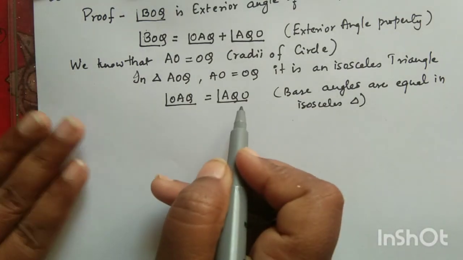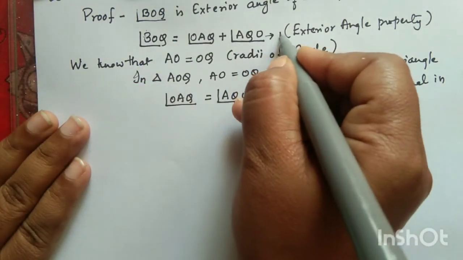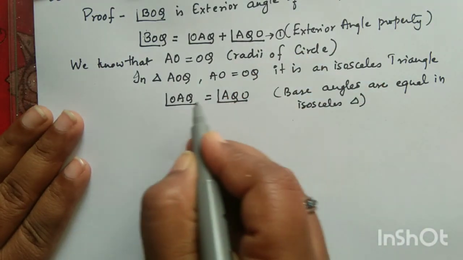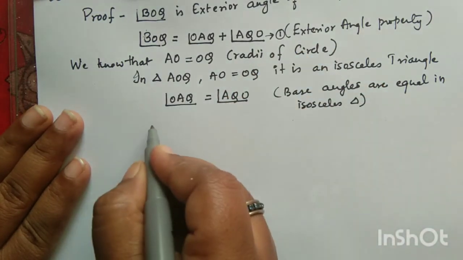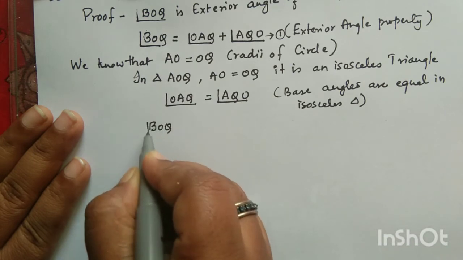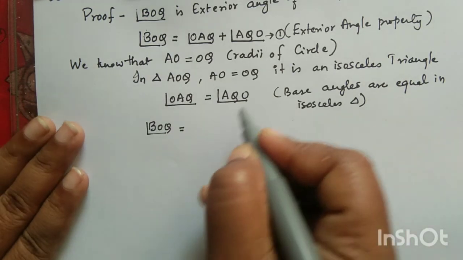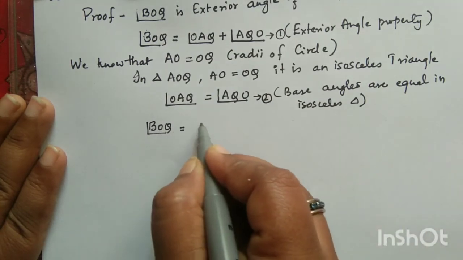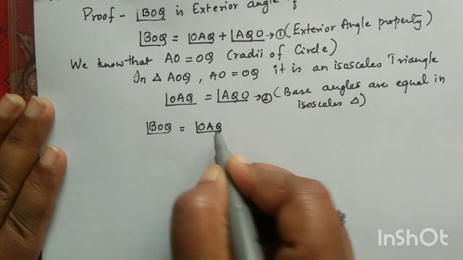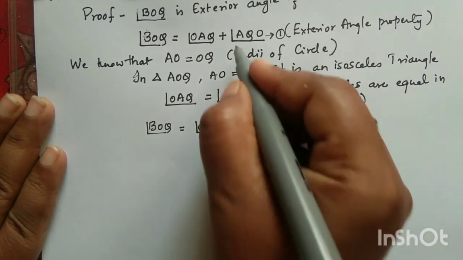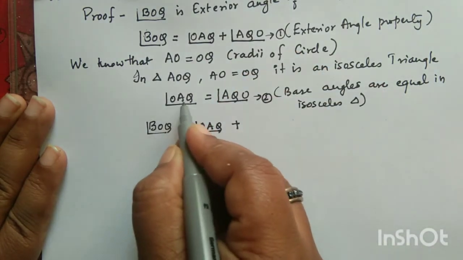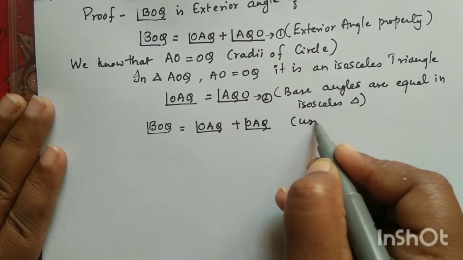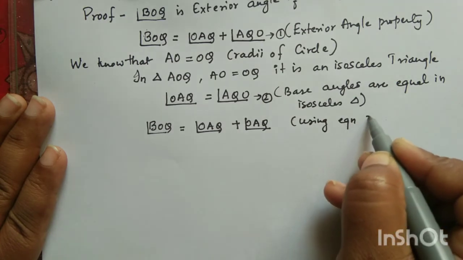So now what we will do, we will take this as equation 1 and we will try to substitute, instead of AQO, I will substitute OAQ. So I'll just write down, BOQ is equal to, I'll give this as equation 2, BOQ is equal to OAQ plus, instead of AQO, I am going to write it as OAQ only, just as we have shown using equation 2.